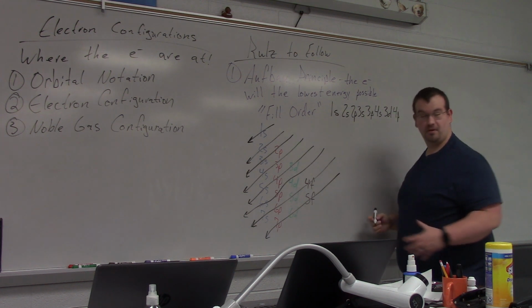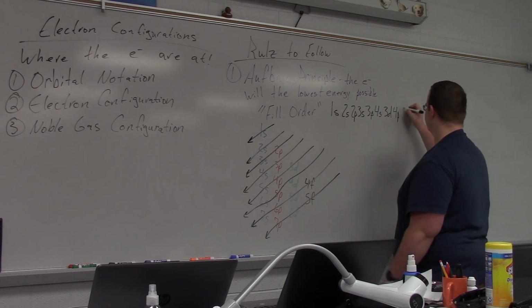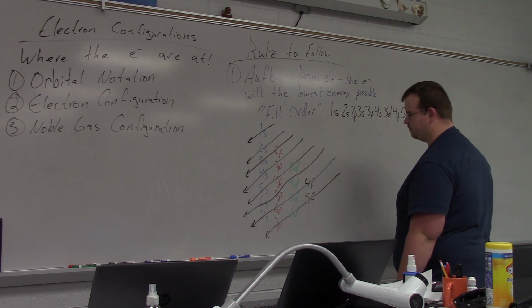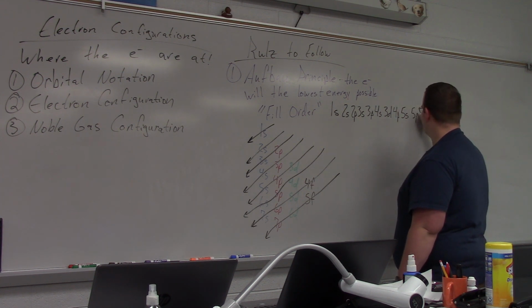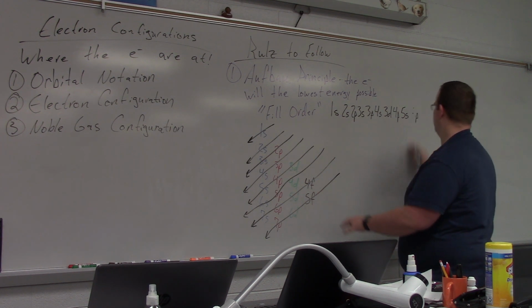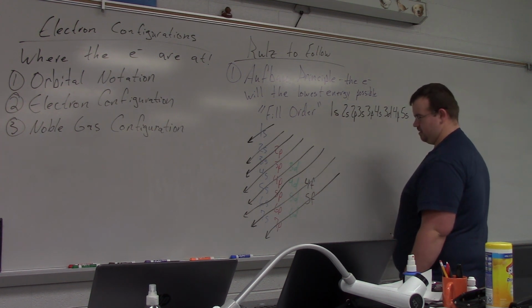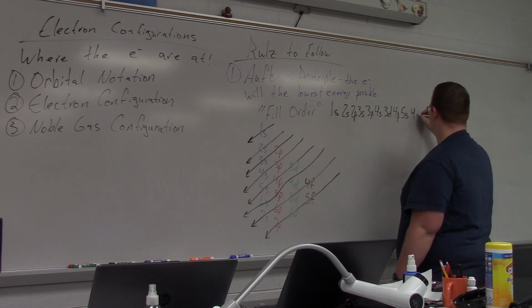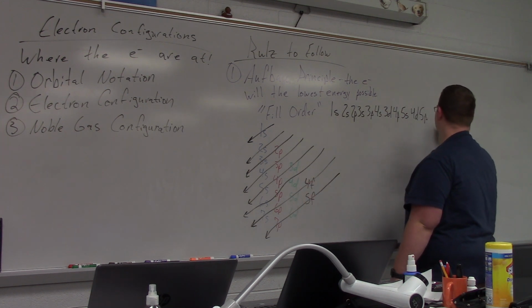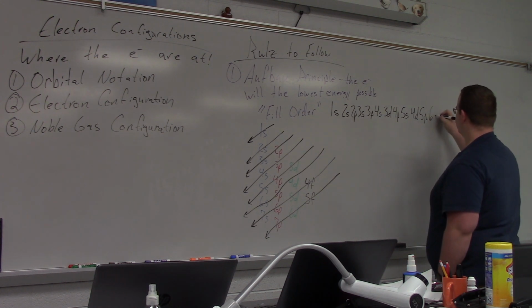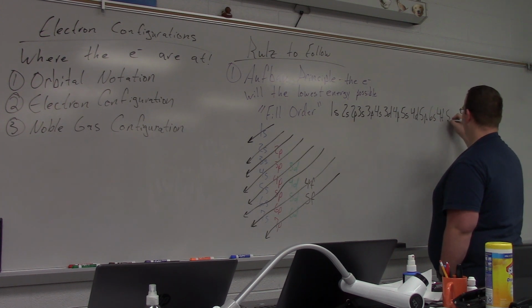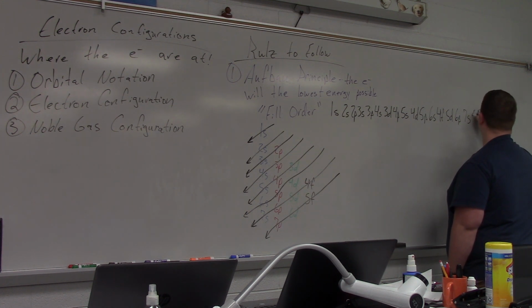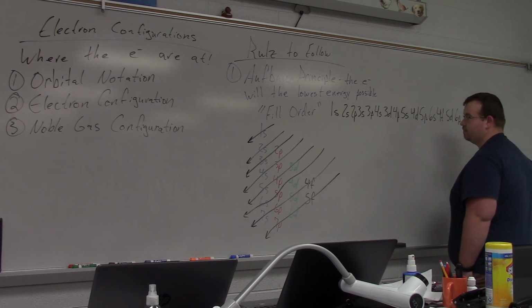The weird thing is I've done this so long, I kind of have the memory. 5S, 5P, wait, no. 4D, 5P, 6S, 4F, 5D, 6P, 7S, 5F, 6D, 7P. I made an oopsie.